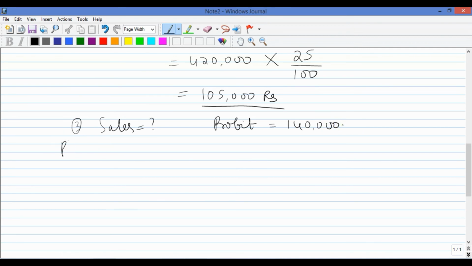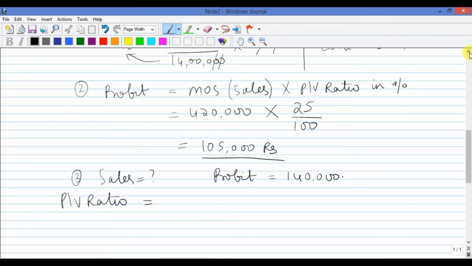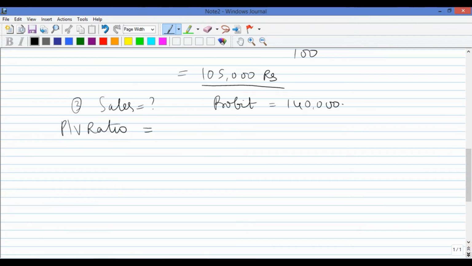Remember that the PV ratio will always be the same because there is no change in the selling price per unit. So the PV ratio is going to remain the same, which is 25%. So I'm preparing a small table: sales minus the variable cost is going to give me contribution, minus fixed cost is going to give me profit.